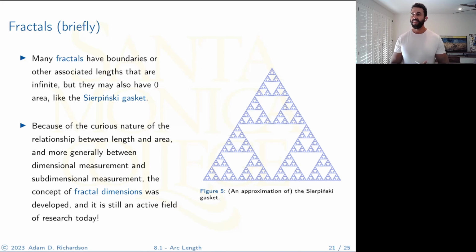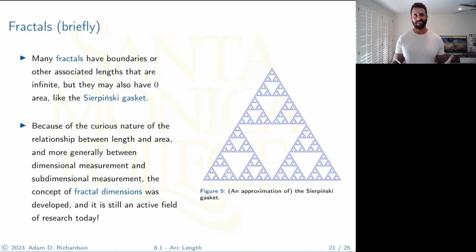Infinite length. And this is one of the reasons that the concept of fractal dimensions was developed, because we would like to be able to talk about what the dimension of this object is. For example, things that have finite area are two-dimensional. Things that have finite length are one-dimensional. But this thing has infinite length, so it's not one-dimensional.